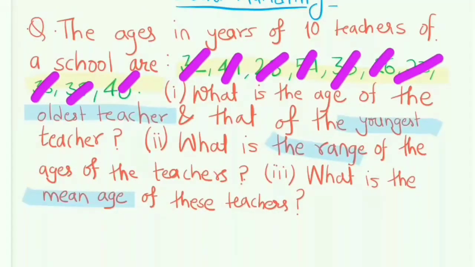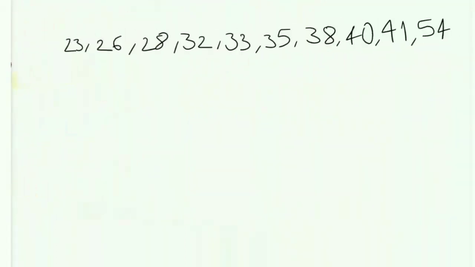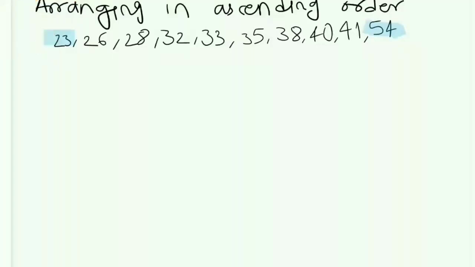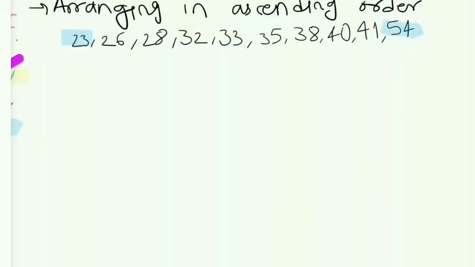Next we have to calculate the age of the oldest teacher and that of the youngest teacher. Oldest is 54, that is, we have arranged this in ascending order, so the last number is the oldest and the youngest is 23. The first number will be the youngest teacher. So what we've done here is arranging data in ascending order.